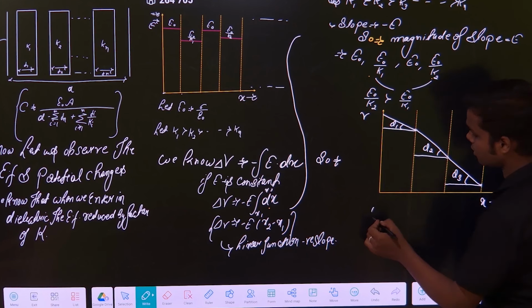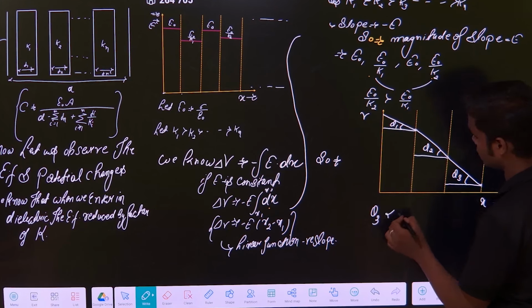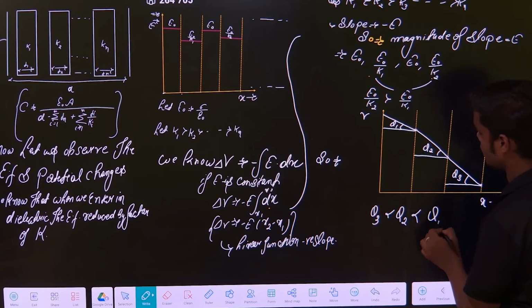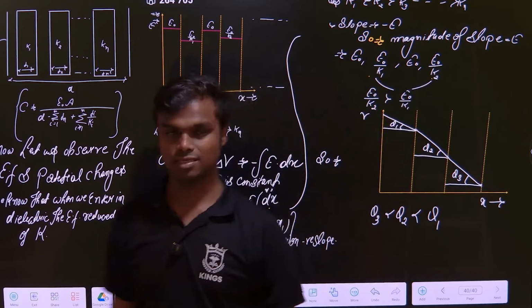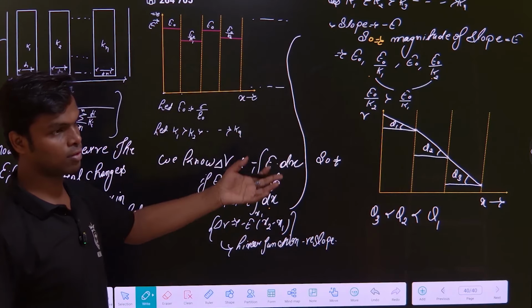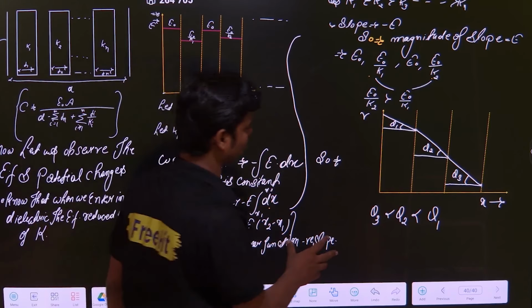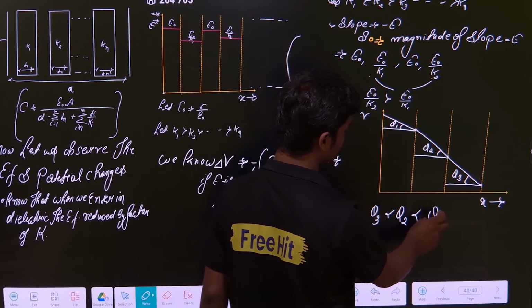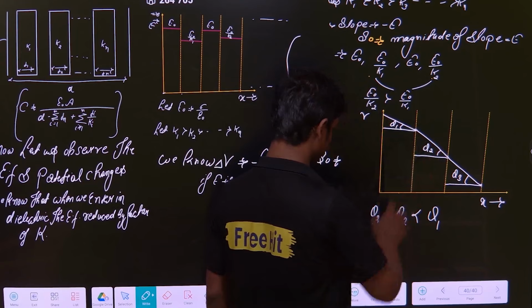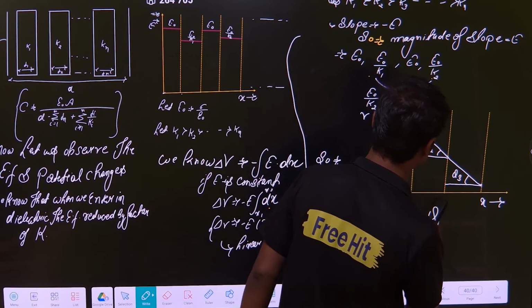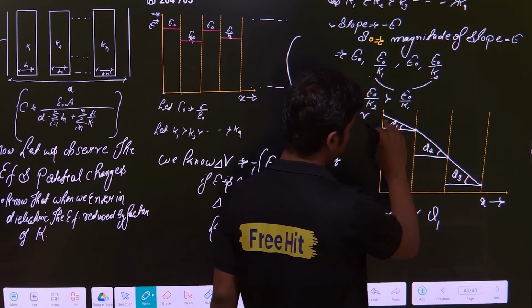We will see that theta 3 is less than theta 2 is less than theta 1. That is what it is. In the diagram maybe it doesn't look like it, but in reality it is like that only, okay? Theta 3 is less than theta 2 is less than theta 1. In the diagram it doesn't look like it because I haven't drawn it properly, but in reality if you draw it, it will look like this only.